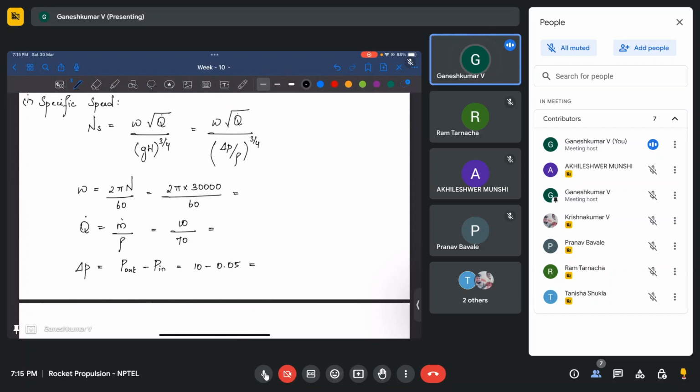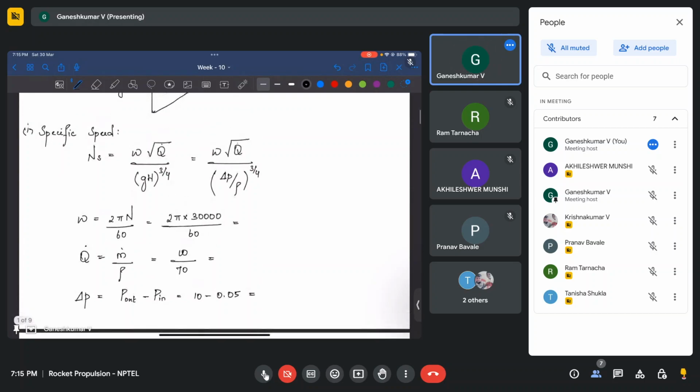so can you guys give me the answer for this? So omega is 3141.59, okay, radians per second. Yes, sir. And this is 10 by 70, which is going to be 1 by 7.